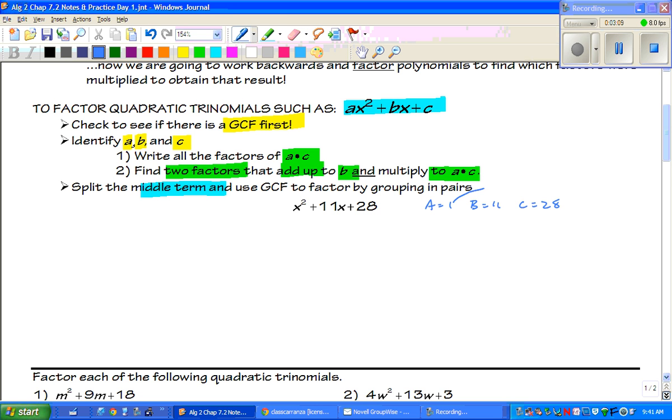So multiply a times c, and that is 28. So I want all of the factors of 28. So 1 and 28, 2 and 14, 4 and 7. Out of those, which numbers add up to 11 and multiply to get 28? What set of numbers is that?